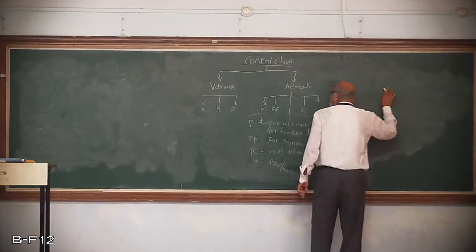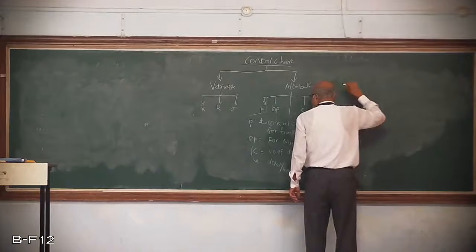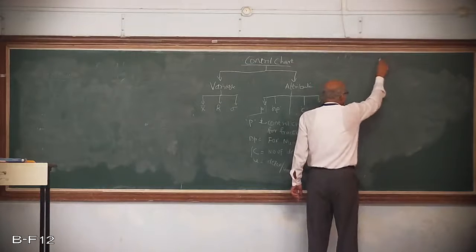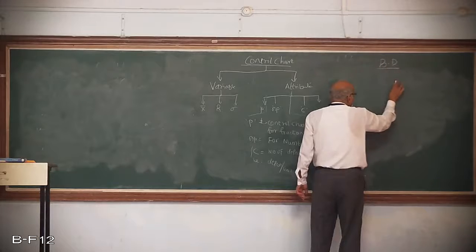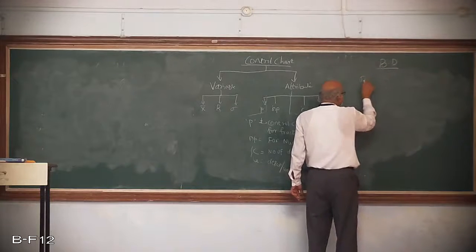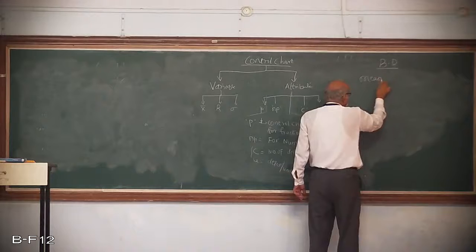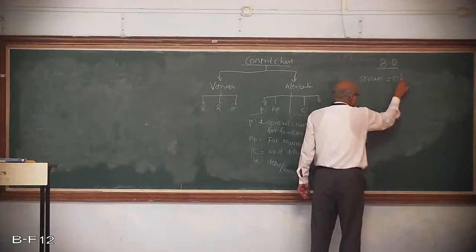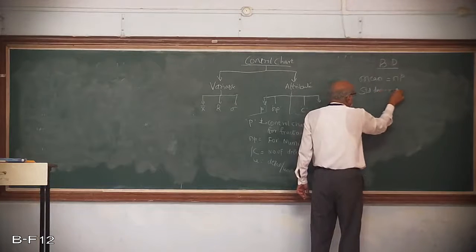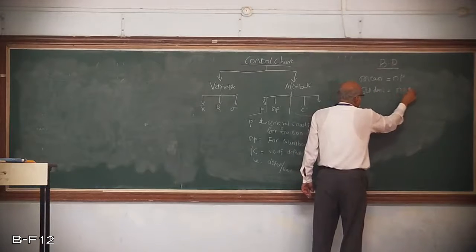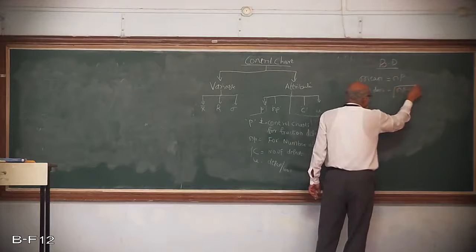Okay, I was discussing P chart, that means binomial distribution. What is the mean and the standard deviation of the binomial distribution? Mean, we said, is equal to N into P. And standard deviation is the square root of NPQ.